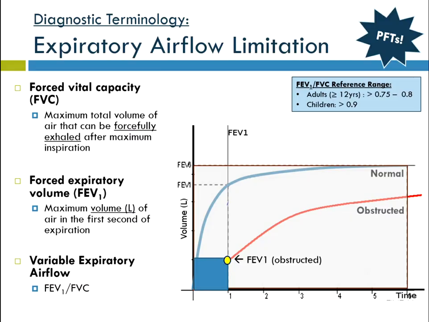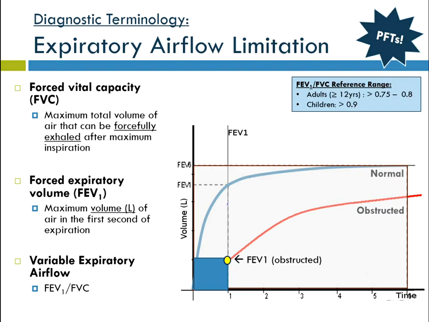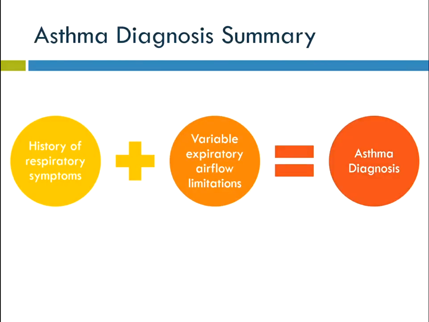What questions do you guys have? Sure. So as soon as it's below 75, is that a sufficient diagnosis? I need all three. So I need it to hit below 0.75 for the ratio. When we give a bronchodilator, usually they'll give a bronchodilator in the office.